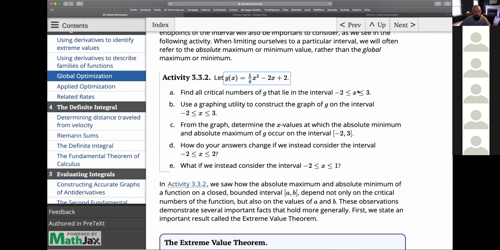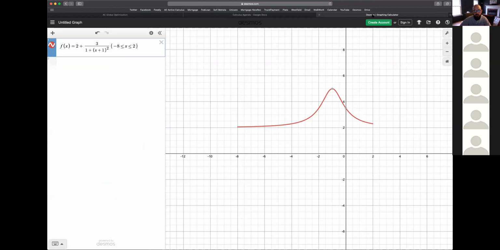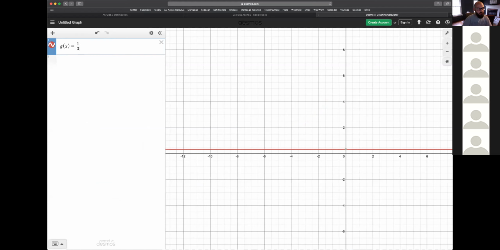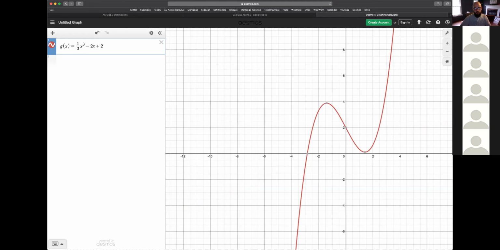Okay, so it says we want to graph this thing: 1/3 x cubed minus 2x plus 2. Our function is called g. Just be consistent. So our critical values, we said plus or minus the square root of 2.